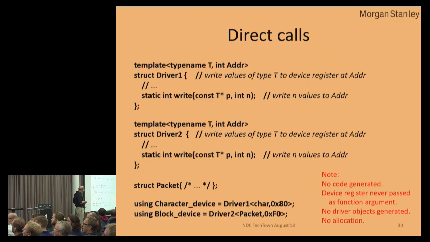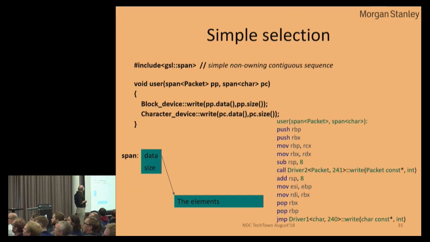Fine. So let's have a look. I'm now going to do something. I am using a data structure, a span, which is basically a pointer and a range, which is a really good way of passing things around, and it's also really good for simplifying code. It's really good for range checking if that's what you're doing.